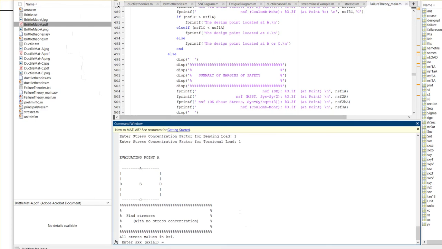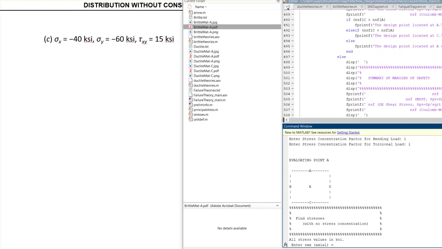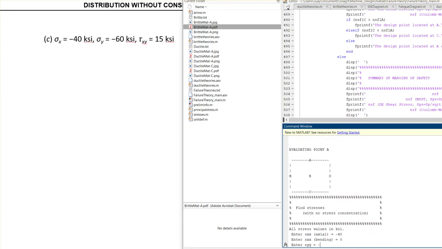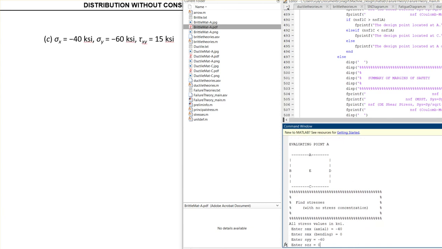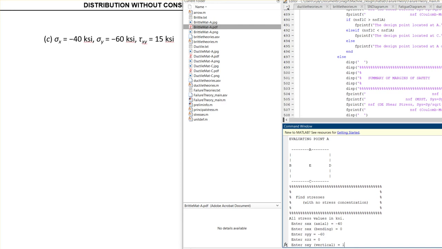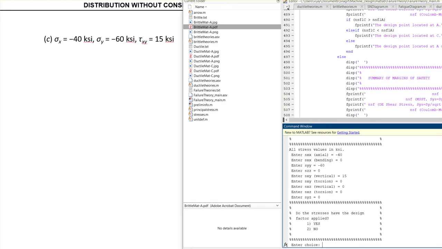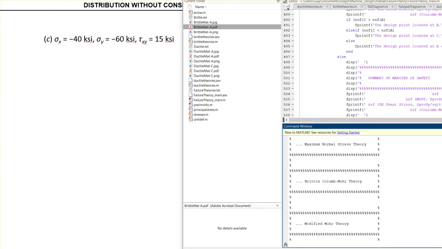And in this particular case, what I have is, the first case is minus 40. Then I can put 0 next. Minus 60, 0, and put 15 and 0 all the way for the rest of it. And yes, all the loads are applied. I let it run.